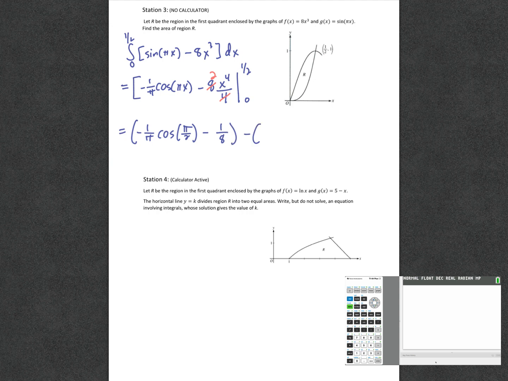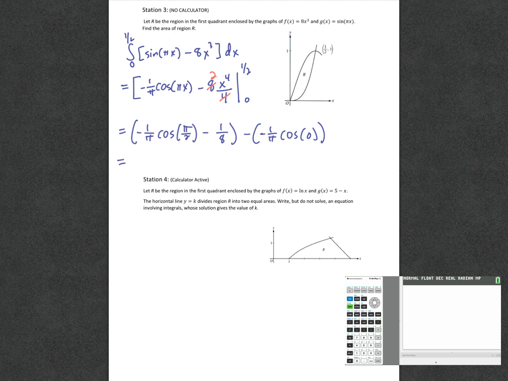If we plug in 0, we get negative 1 over pi times cosine 0, and then minus 0, so we don't need that.